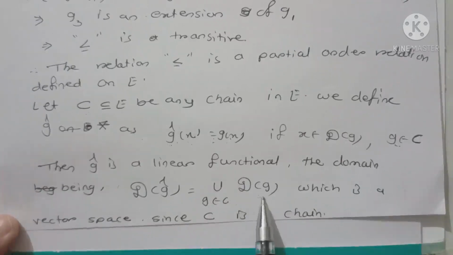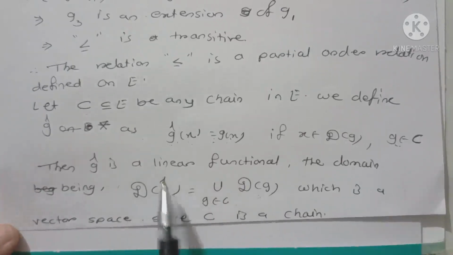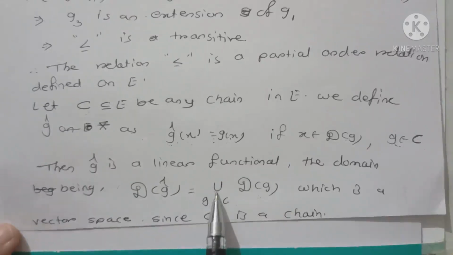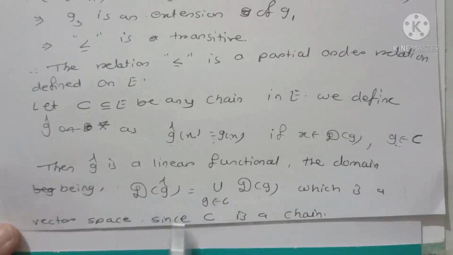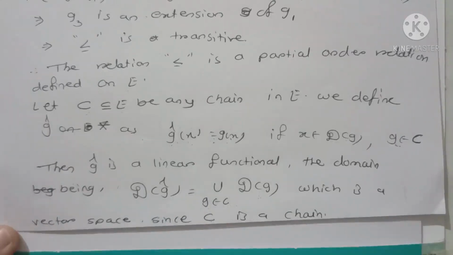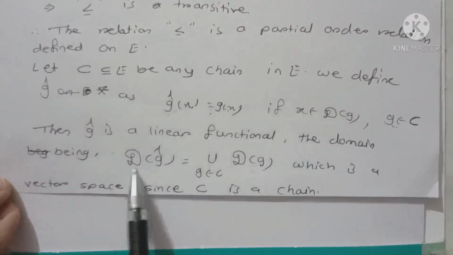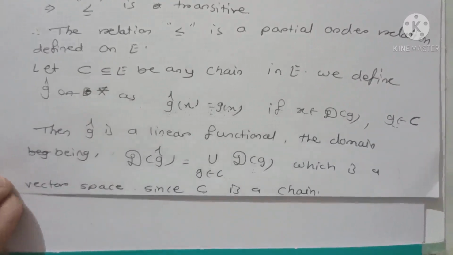As the domain of g-hat is nothing but the union of all these domains, and each domain is a vector space, this union is also a vector space because C is a chain, and as C is a chain, any two elements of C must be related to each other. Therefore we get that the domain of g-hat is a vector space.